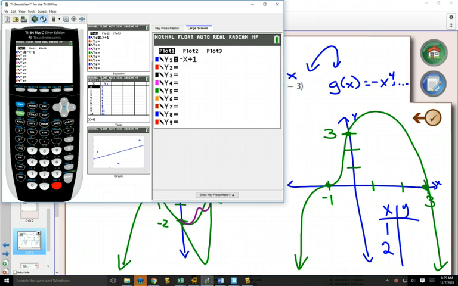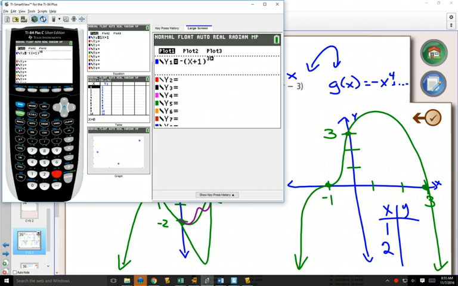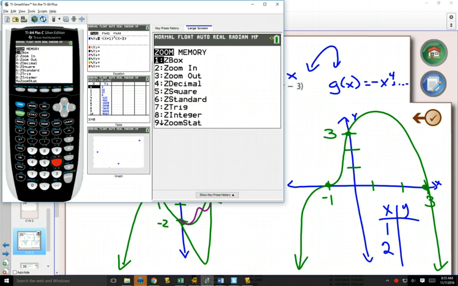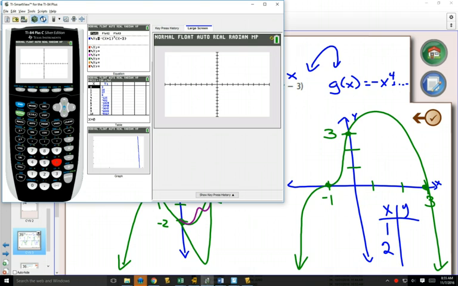Negative bracket x plus 1 bracket to the power of 3 times bracket x minus 3. So we see the bend in the graph. Yeah, it did go way higher than what we drew it. And it goes through 3.